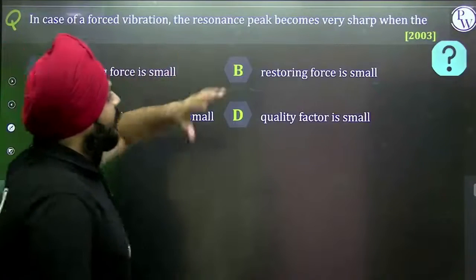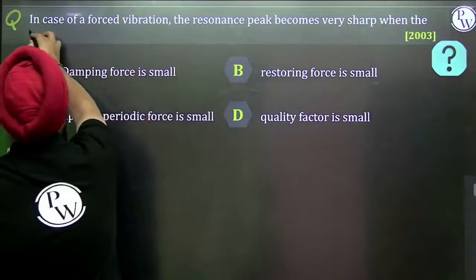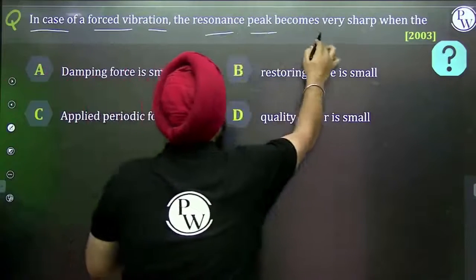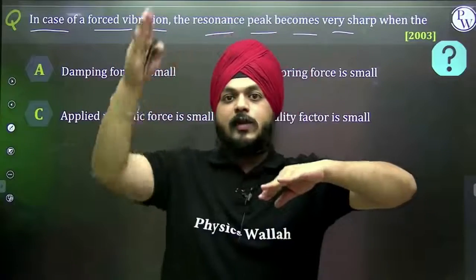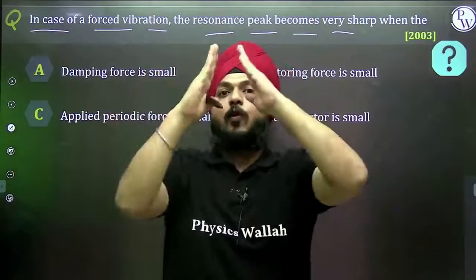So simple is this equation, and on this equation the questions are asked. See, again it was asked in 2003. In the case of forced vibration, the resonance peaks are very sharp when the resonance curve is quite sharp.